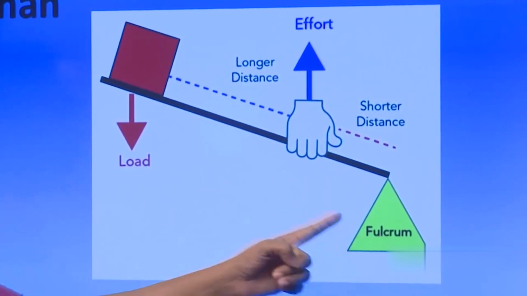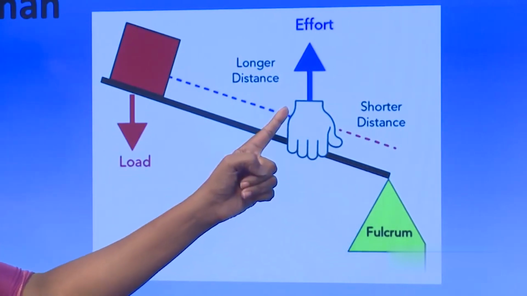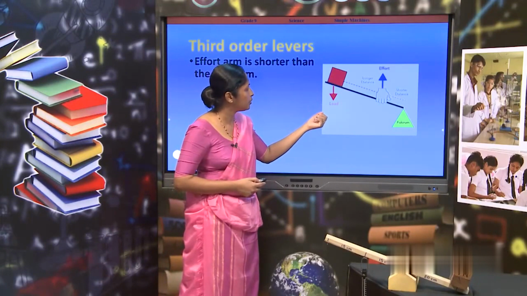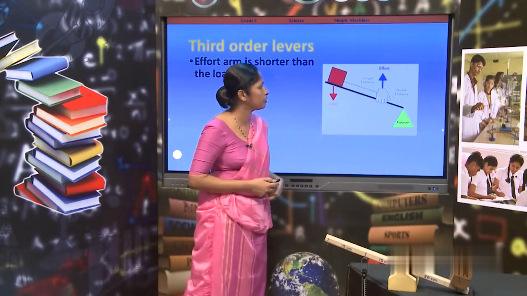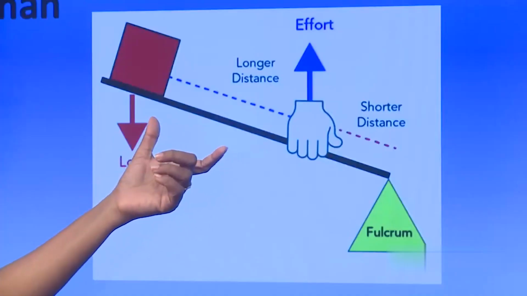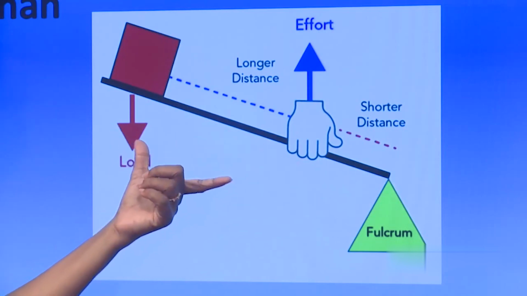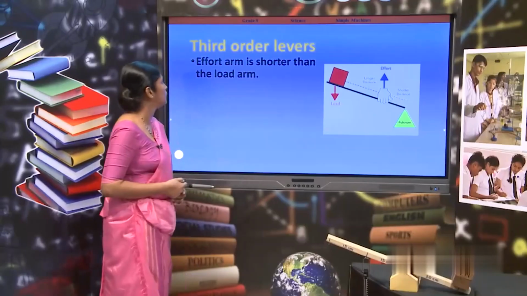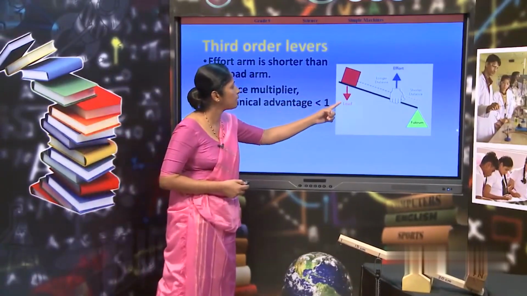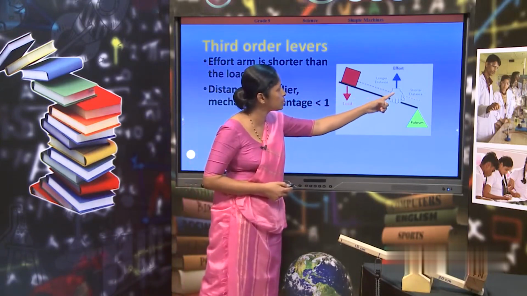Load arm is greater than the effort arm. In this case, the load should be lifted by a much greater force, because in here the load arm is greater than the effort arm, but the load moves a much longer distance than the effort moves.